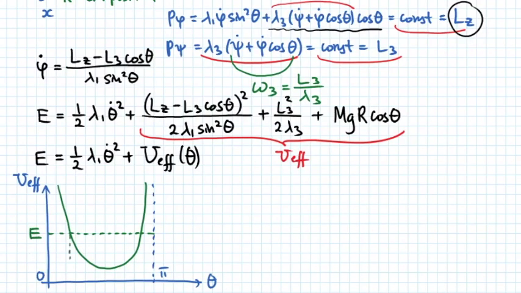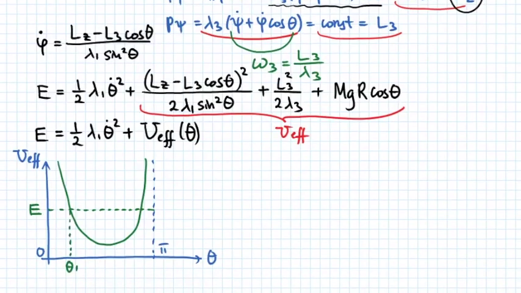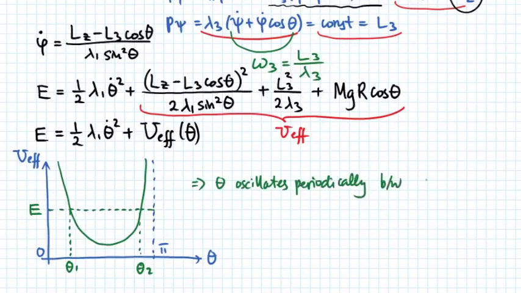So we get a bound motion from theta 1 to theta 2. The nature of this motion will be that theta oscillates periodically between these two values, theta 1 and theta 2. Which is precisely what nutation is.